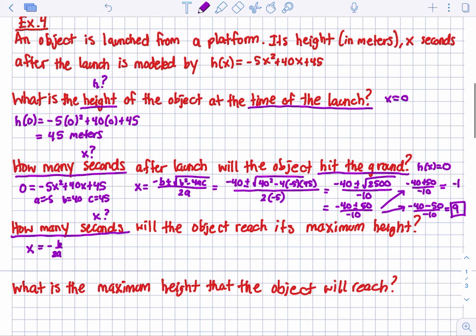In the original problem, your b value is 40, so negative 40 over your a value, which is negative 5, so 2 times negative 5. Negative 40 over negative 10, which is 4. So this x value is the x value of your vertex, right? This maximum height, your vertex. So it's going to be 4 seconds to reach its maximum height.